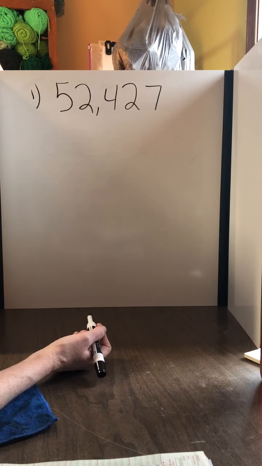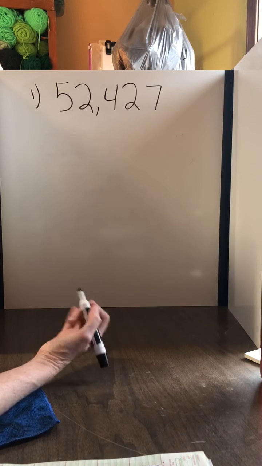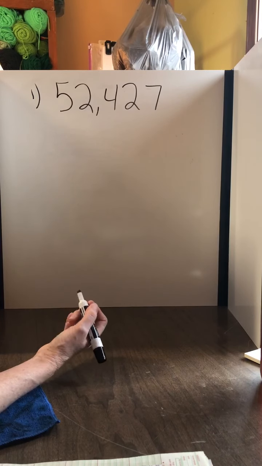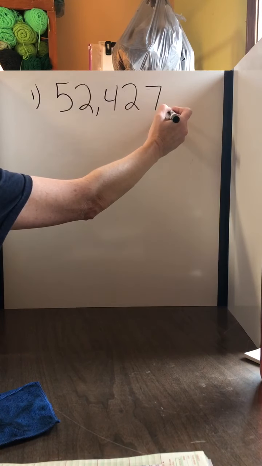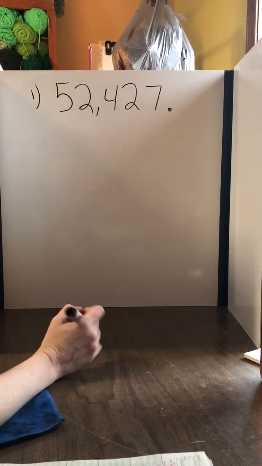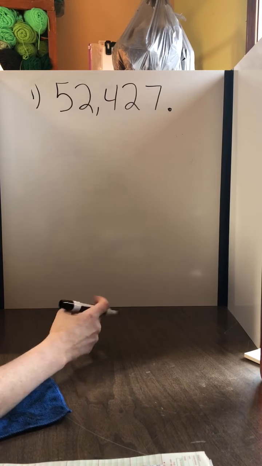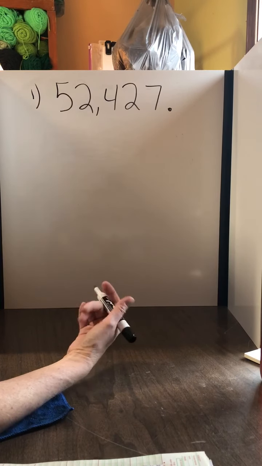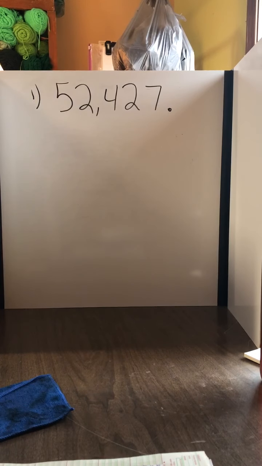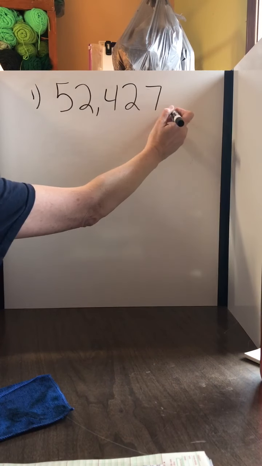And to do that, I'm basically moving the decimal from where it currently is, which there's a little invisible decimal at the end of this, because when we have a whole number with no decimal, the decimal is actually located at the end. And I want to move that decimal to a place that will make this number be between 1 and 10.